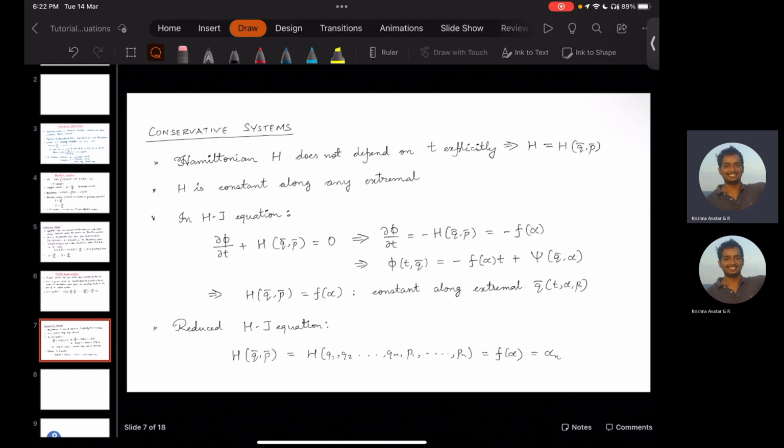So now let me talk about conservative systems. What are conservative systems? If I ask you, you'll say, from a mechanics point of view or a thermodynamic point of view, a conservative system is a system whose total energy remains constant.